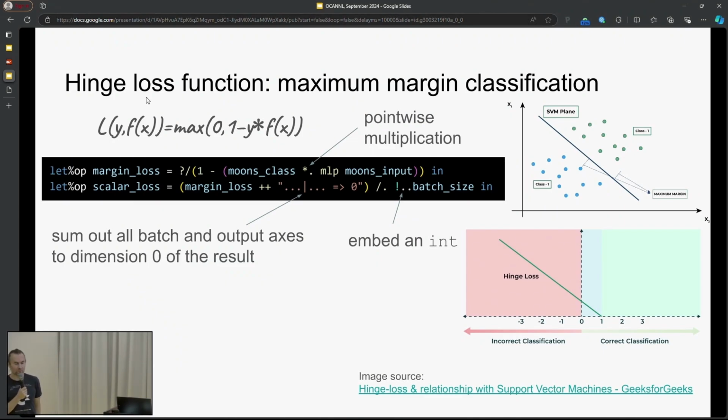So next step is to find the loss function. We'll stick to the simplest, which is the hinge loss function. It's simplest because it's just using the rectified linear unit nonlinearity.